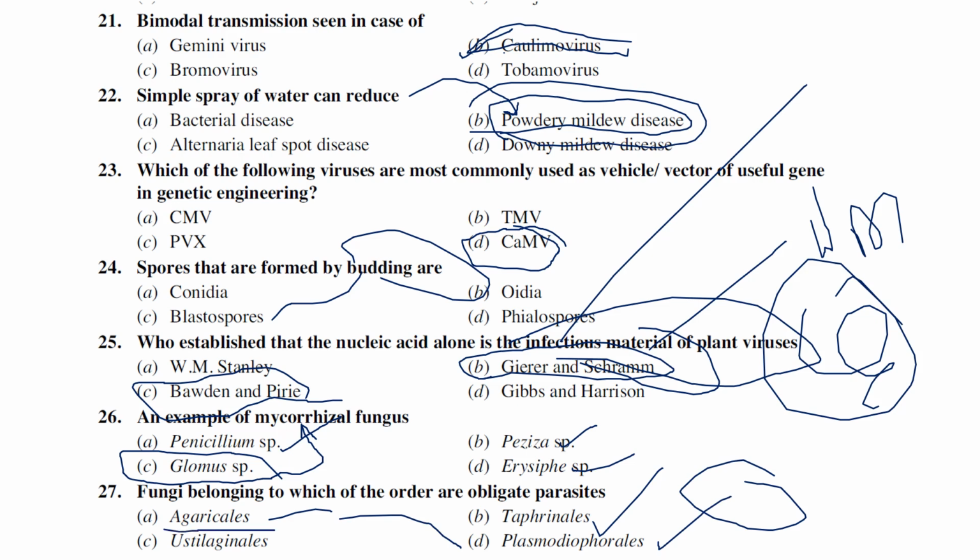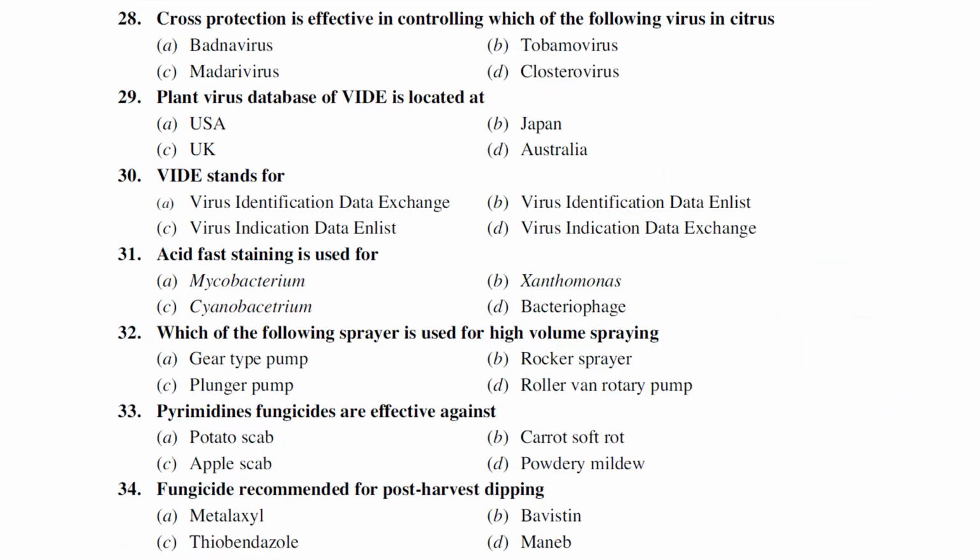When it comes to Hemibasidiomycetes, Ustilaginales, they are very strict compared to the others. Plasmodiophorales are like slimy molds that we can find in water. But these especially rust kind of fungi are strictly obligate parasites. They need a living host for survival. Okay, so the answer is the Ustilaginales.